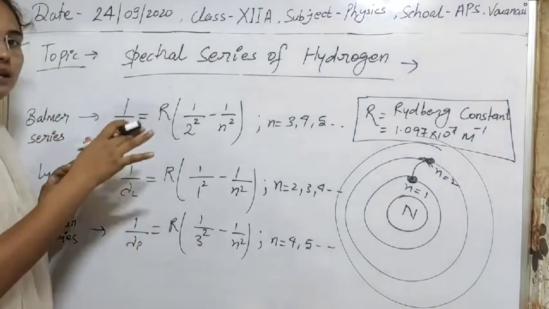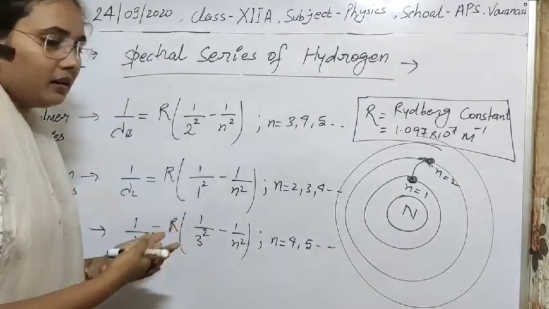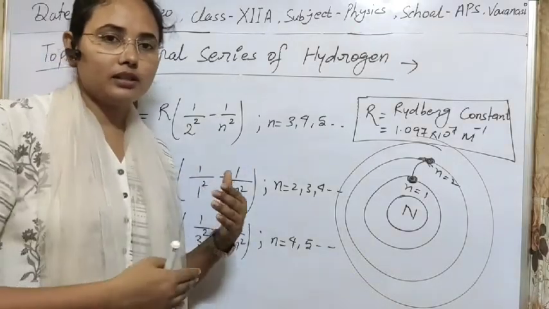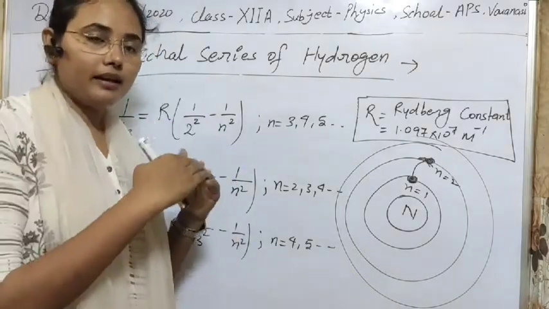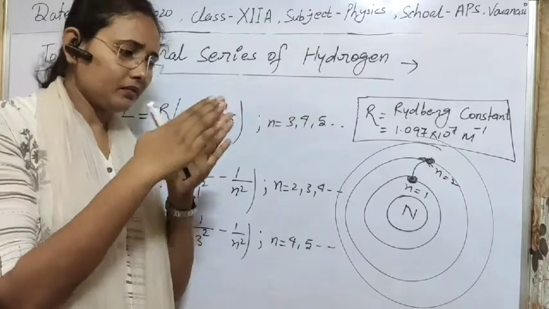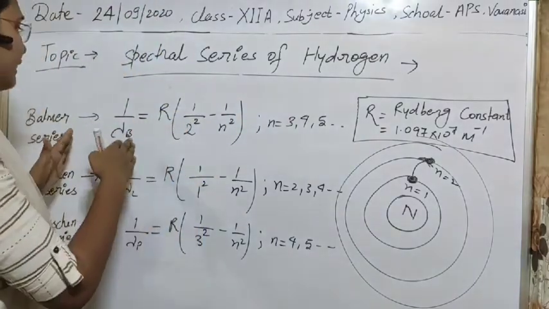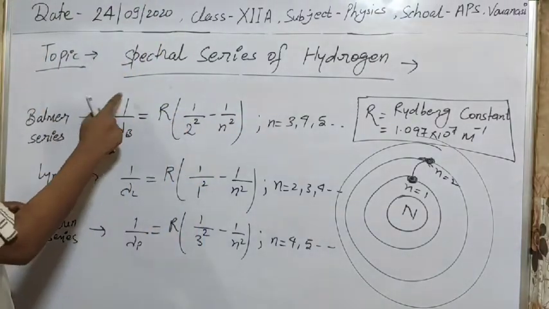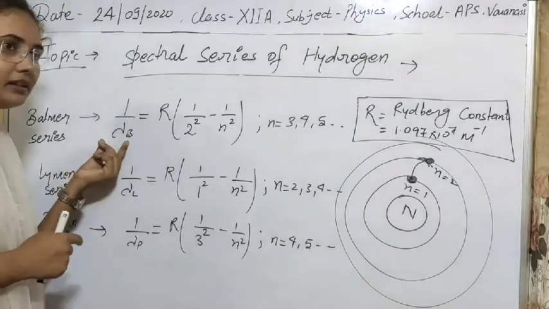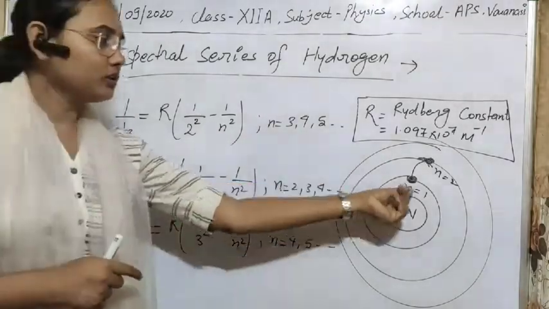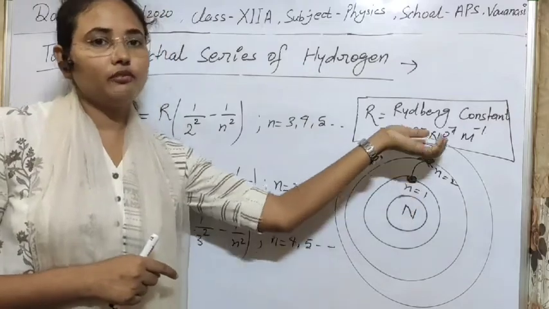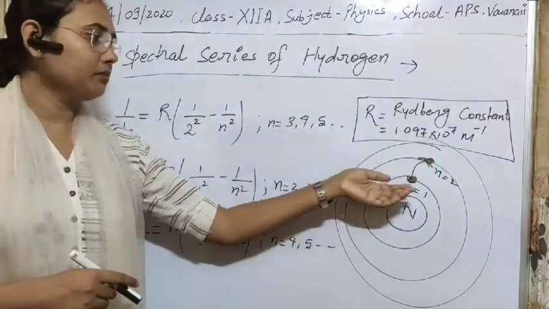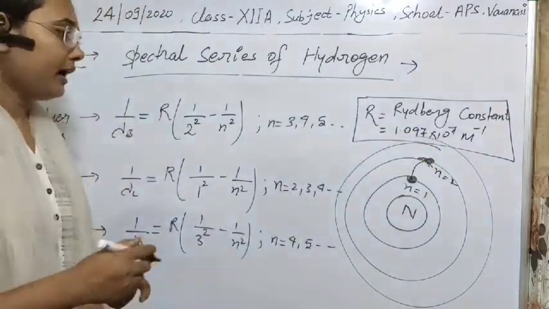He observed this for visible light: he added visible light to the hydrogen atom and arranged the absorbed wavelengths, the wavelengths absorbed by the electron in the hydrogen atom to make a transition from one level to another.